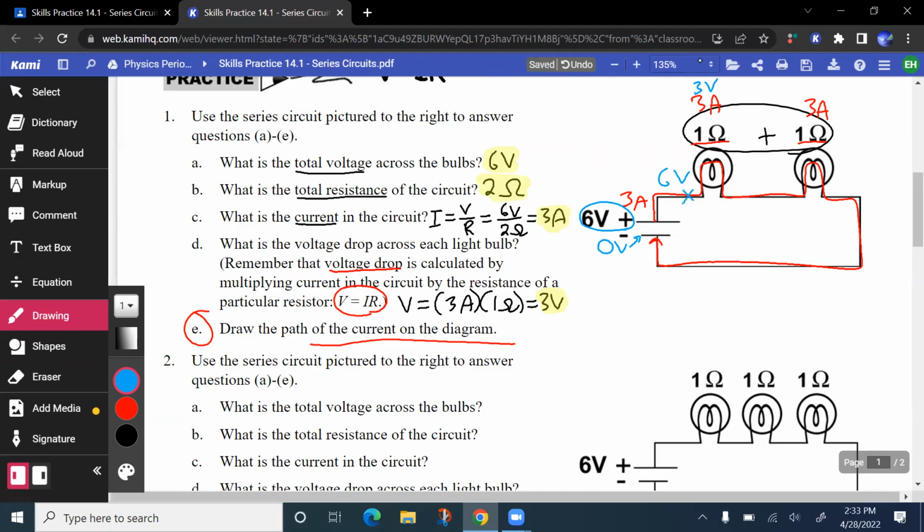So that means 6 volts on the left side, 3 volts on the right side, because we have subtracted or dropped 3 volts of potential on that first light bulb. We drop another 3 volts across the second light bulb resistor, and you are down to 0 volts over here, which makes sense because that's connected to the negative side of the battery, which is 0 volts.